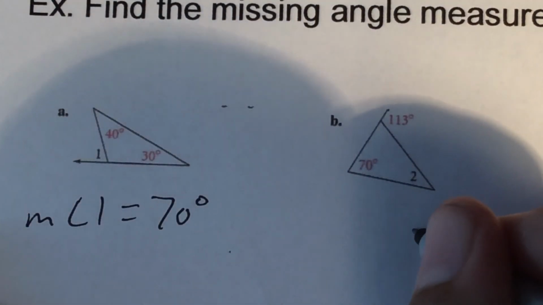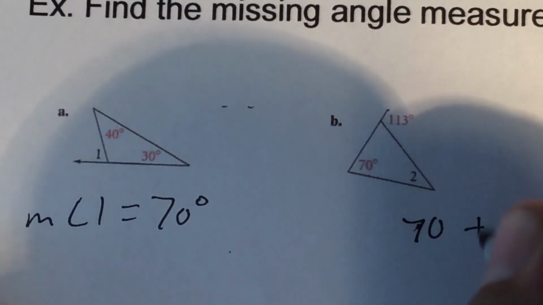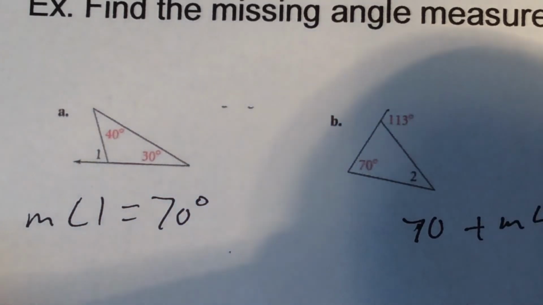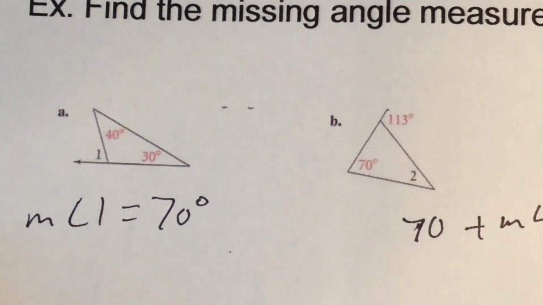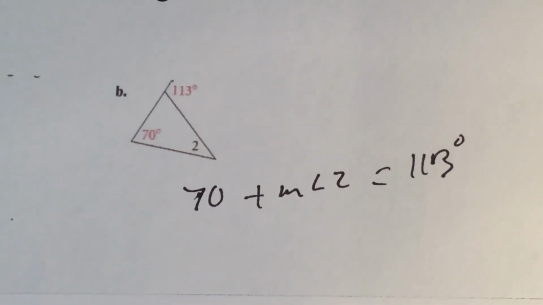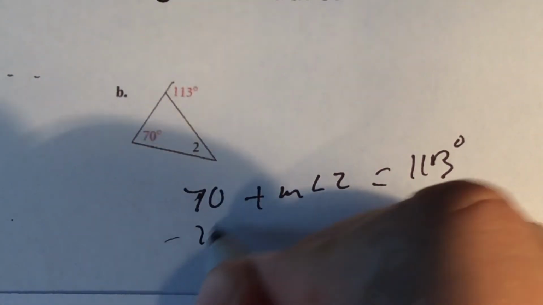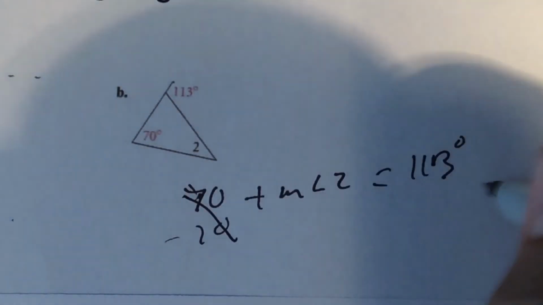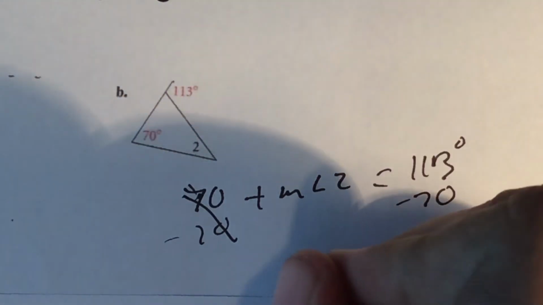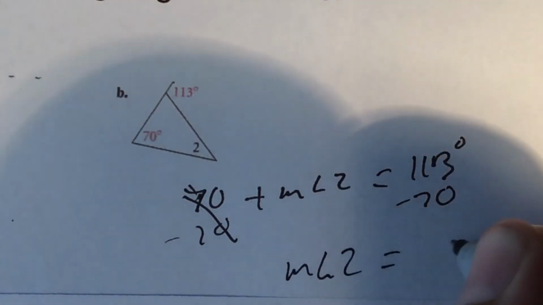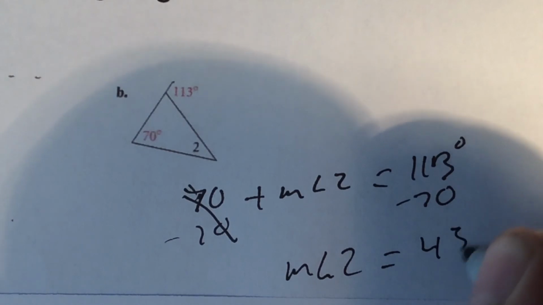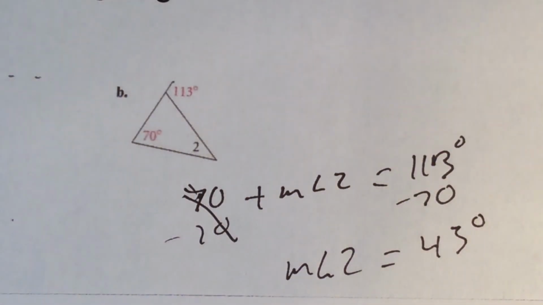Well, then we would have 70 plus the measure of angle 2 would equal 113. So now you have your equation. You solve it by subtracting 70, so the measure of angle 2 would have to equal 43 degrees.